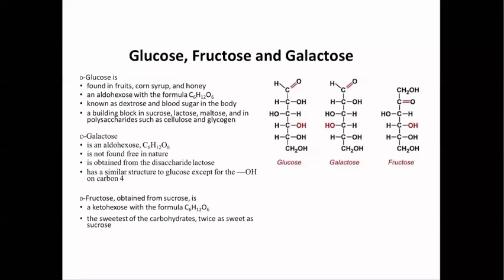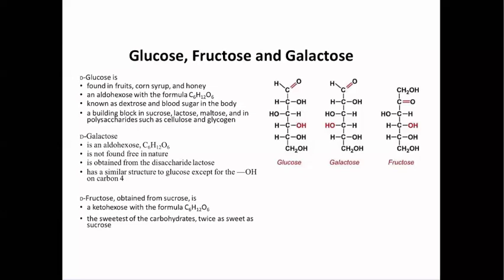In addition, there are many polysaccharides that are made from glucose. For example, cellulose, which forms certain fibrous structures in plants, comes from glucose. Or glycogen, which is the way that we store sugar, is also formed from glucose.